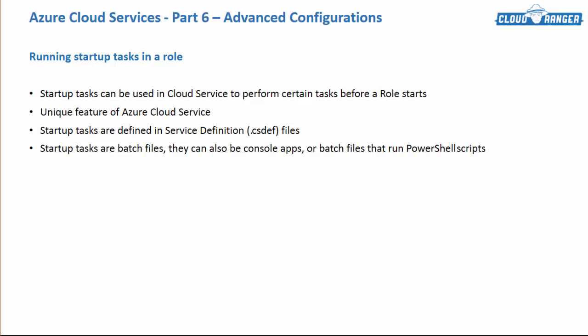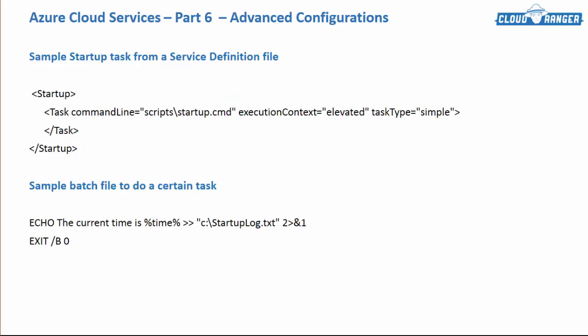At the end of the day, it's a mechanism for running something before a role starts. The way you do that in the definition file is you put in a startup tag, like this element startup. You say where the batch file is, how you want to run it, and what kind of task it is. Of course, the batch file has to do something important that you want to do.